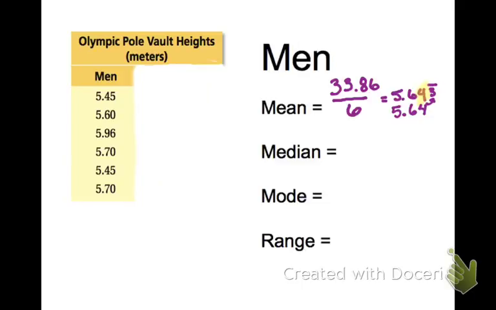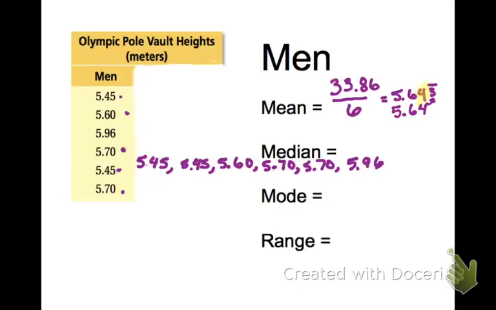My median, well, to do this, I need to rewrite the numbers in the order of smallest to largest. So I'm going to pause the video and I'll write those out. Okay class, so you can see that I start over here with the smallest number of 545, and I go all the way over to my largest number of 596.